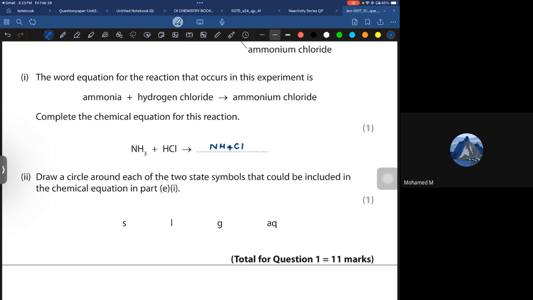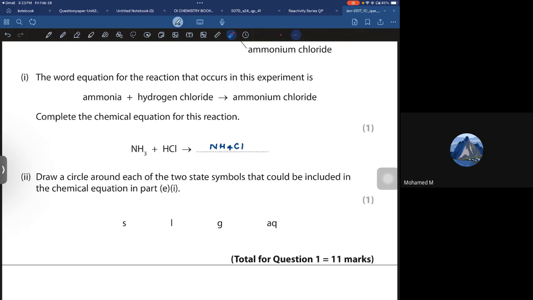This is an acid. Acids are aqueous in nature. And then ammonia is gas, right? So that would be gas, aqueous, and then overall it will become liquid, right? Ammonium chloride is liquid, right?